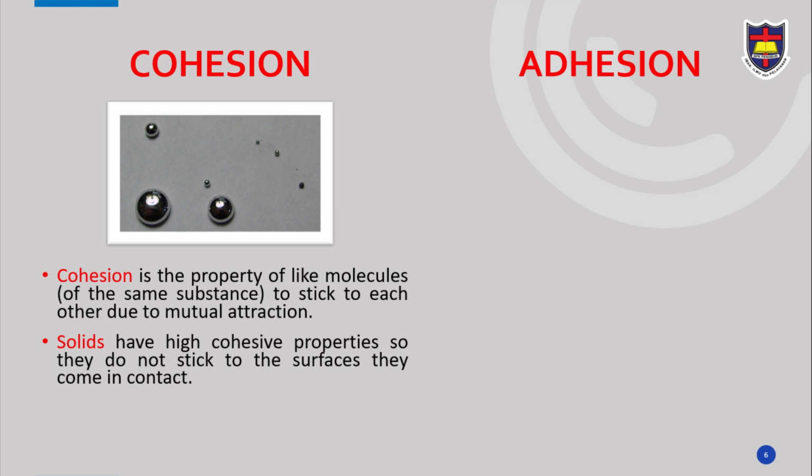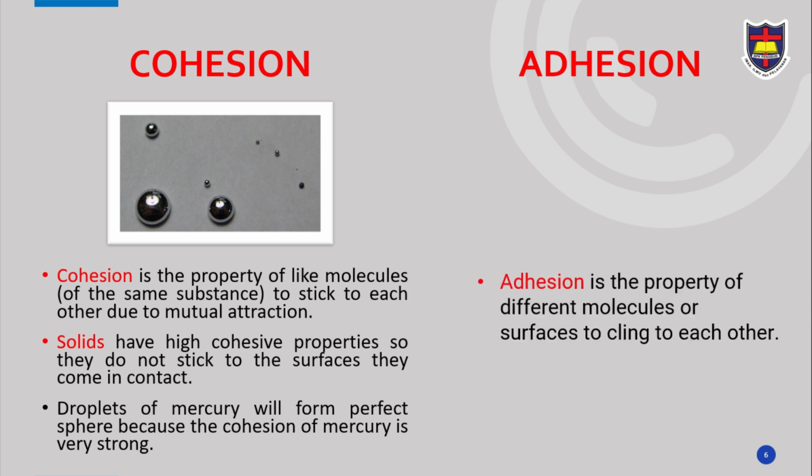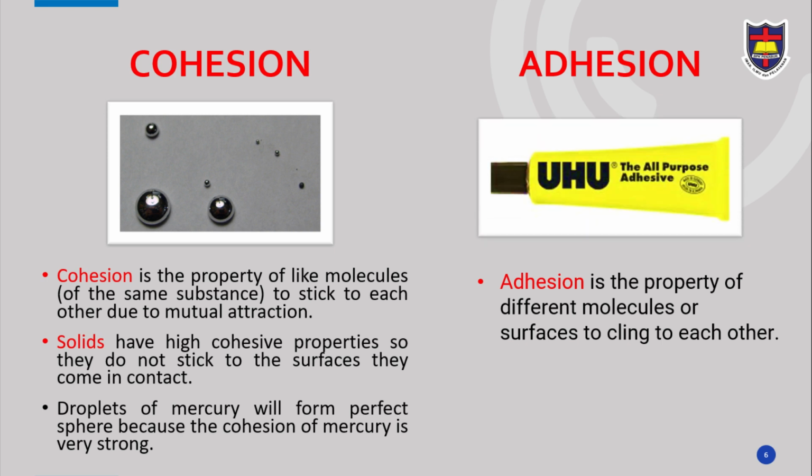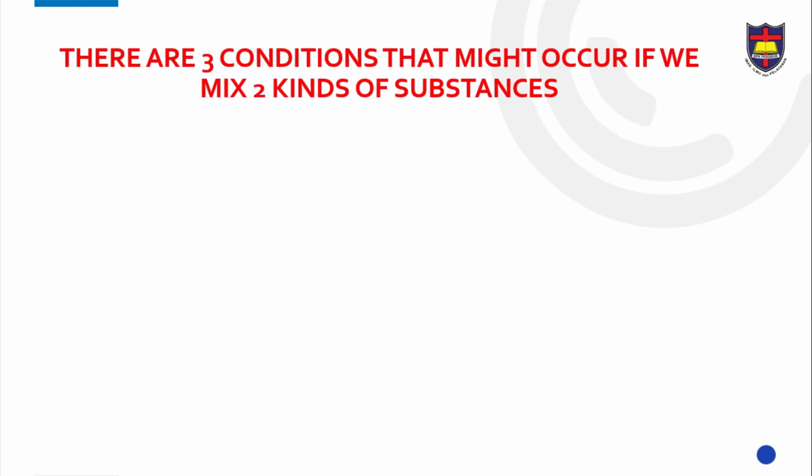Droplets of mercury will form a perfect sphere because the cohesion of mercury is very strong. And adhesion, we can say adhesion is the property of different molecules or a surface to cling to each other. All glues are very adhesive because they stick to other substances.